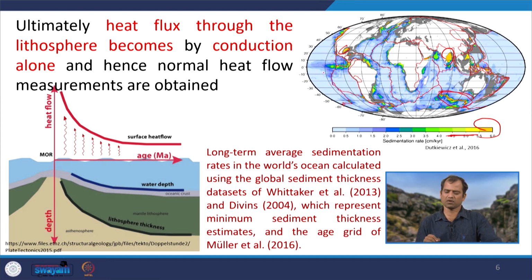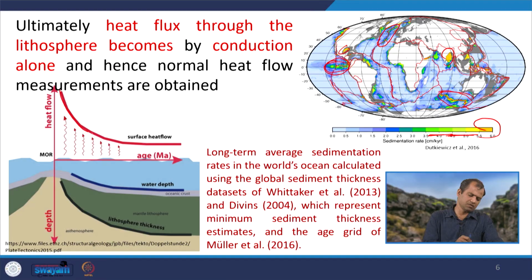Similarly, at this part of the Pacific, the rate of sedimentation is high as compared to other parts. So, the sealing age will be different in this region as compared to this part. Similarly, here the rate of sedimentation is high as compared to other parts of the Atlantic ridge. So, the rate of sedimentation and the rate of spreading define the sealing age, and on average it is 60 Ma, but it is not the same throughout the globe.